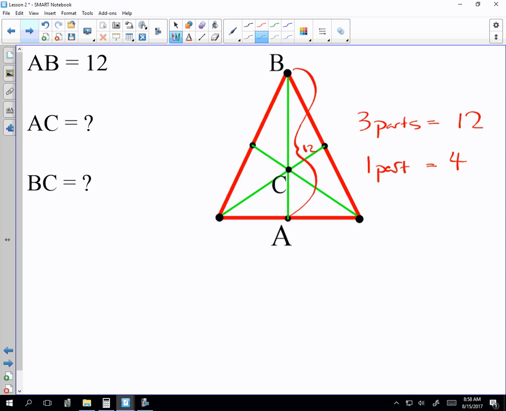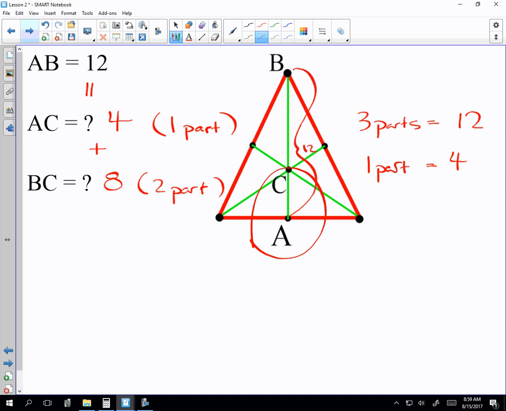And now that we know that the 1 part piece is 4, we know what AC is, because AC is the 1 part piece. And BC is the 2 part piece. And I almost made a mistake there, right? Small writing mistake, working too fast. You always have to be careful of that. Great way to test your answers when we're looking at this situation. So BC is 2 of the parts, so 2 times 4 is 8. And then once again, we want to add them together and see if we get the full distance overall.